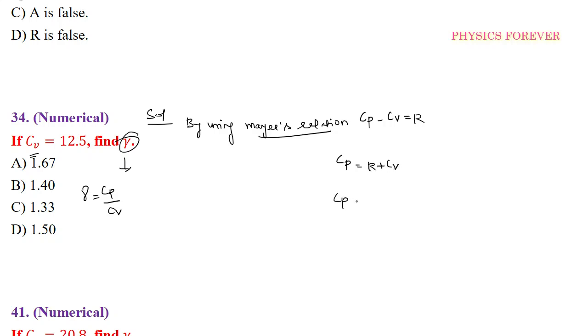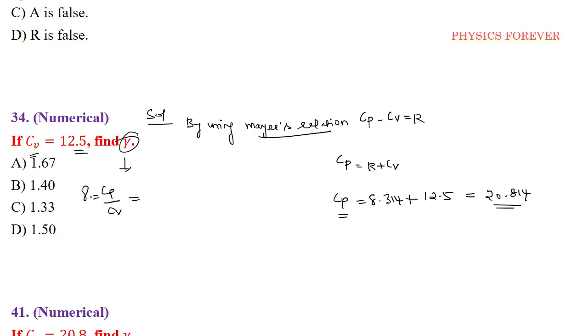What is the gas constant value? 8.314 plus the specific heat capacity at constant volume, 12.5. Adding them, we get 20.814, which is the value of Cp.